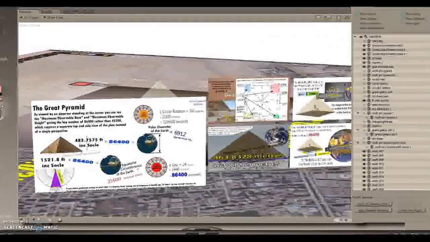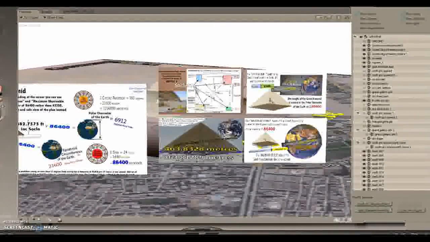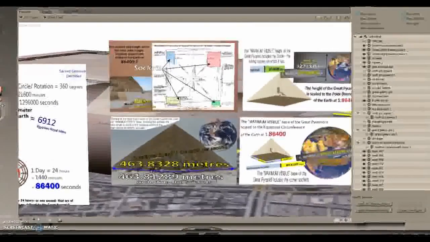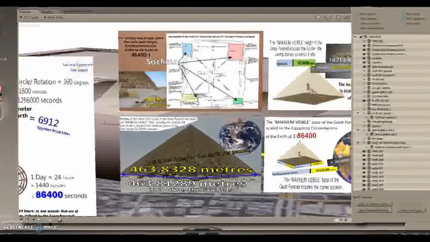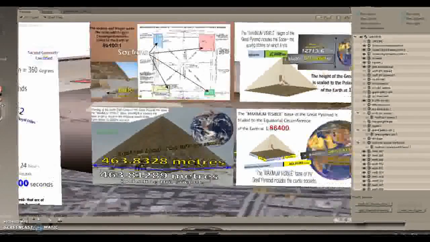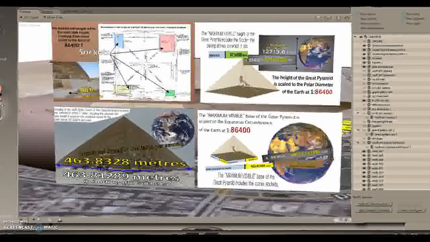Well, that's important because as we look at the pyramid, now I might have misspoke in the last video, but in the previous ones, what we have on the northeast corner, if we include the sockets at the corner of each pyramid, and if we include the paving stones, the socle, which gives us the extra height and extra width, is as good as a measurement of the Earth, according to even the best modern surveys.